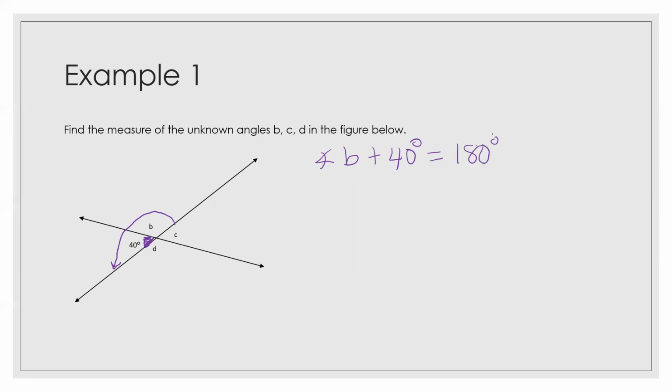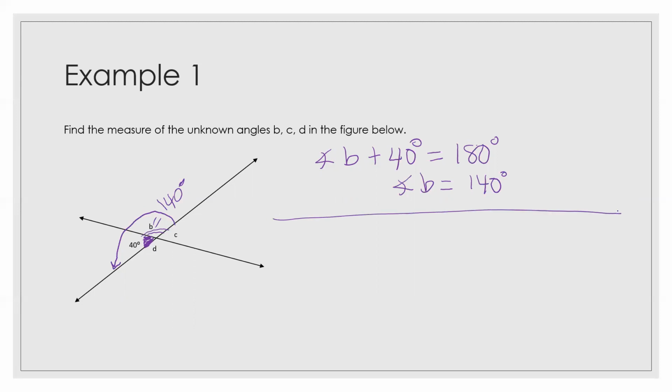So angle B is going to be 180 minus 40, which is 140 degrees, right? So B is 140 degrees. Angle B right there is 140.